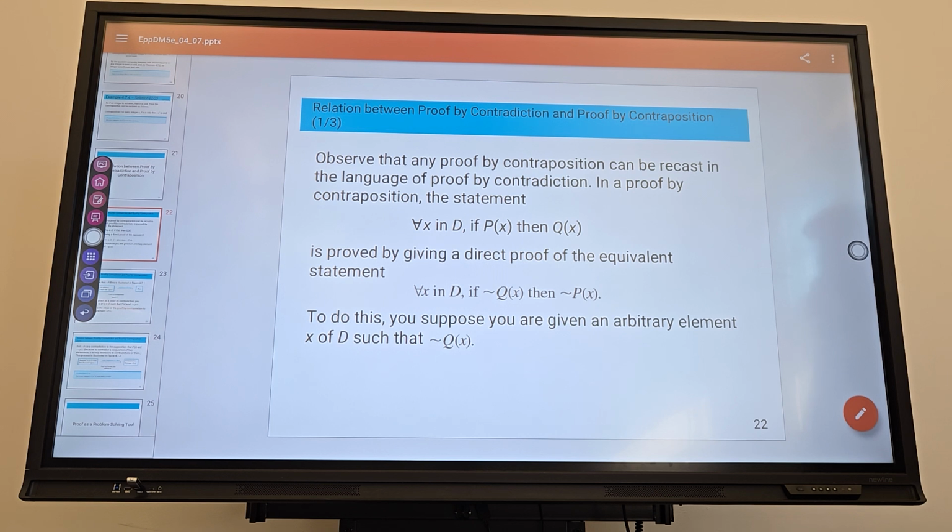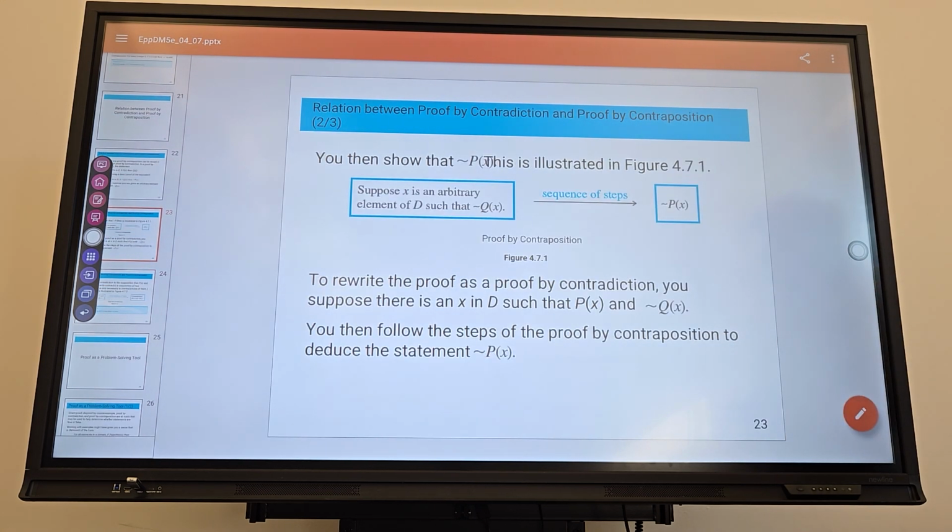In a proof by contraposition, the statement for all x in D, if P then Q is proved by giving a direct proof of the equivalent statement for all x in D, if not Q, then not P. To do this, you suppose you are given an arbitrary element x of D such that not Q of x is true. You then show that not P is true through a sequence of steps.